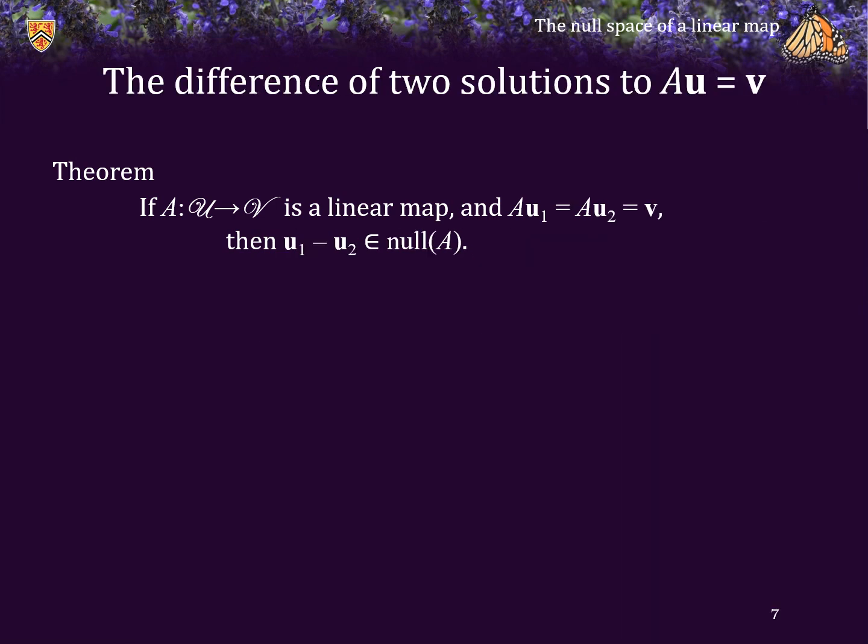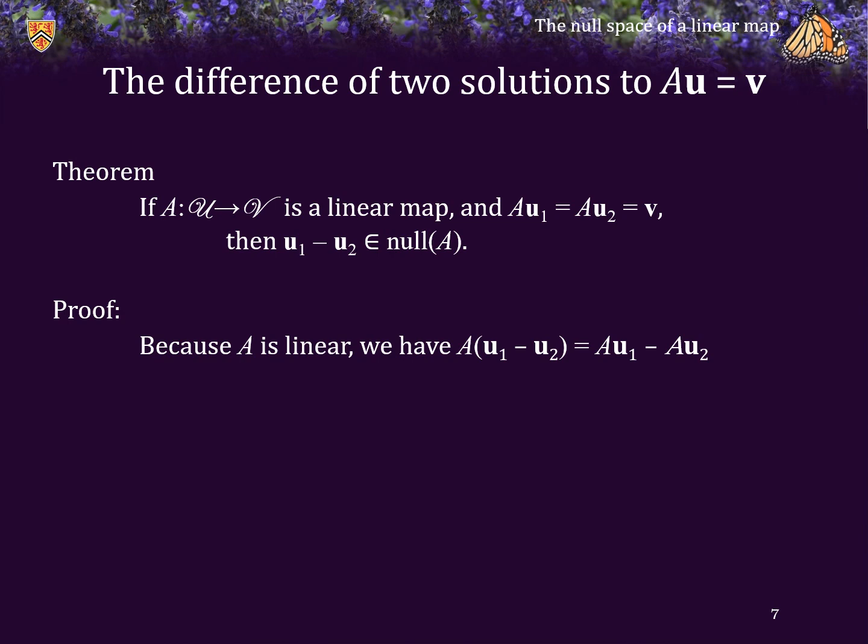Here's another theorem. If A, mapping a vector space U onto a vector space V, is a linear map, and both u1 and u2 are mapped to the same vector v, then u1 minus u2 must be in the null space of A. Well, what we have to show is that A applied to this difference of two vectors is equal to the zero vector.